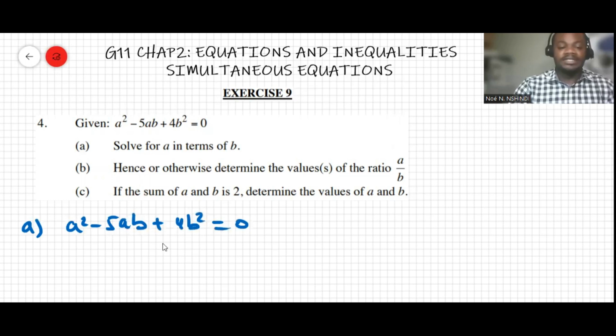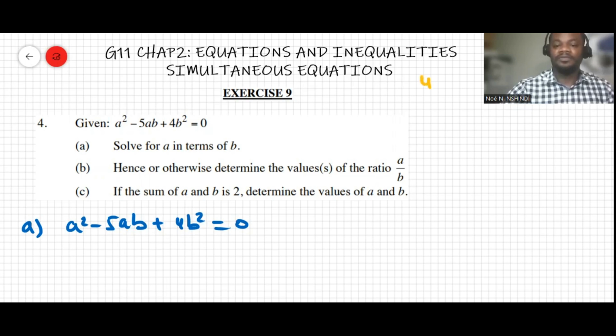We can notice that this is a form of a quadratic trinomial, okay? So we can solve it either by factorization or by completing the square or by using the quadratic formula. But I want to solve this by factorization. I'm going to consider the last term. I know it's 4b squared, but I'll look at the constants.